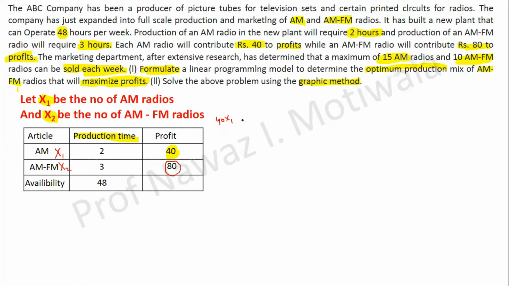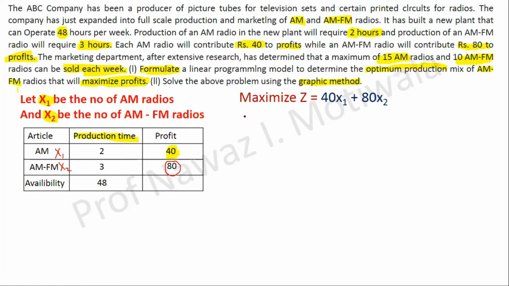Hence, the total profit by AM/FM radios will be 80 into X2. So we need to maximize this function, so I will write plus. My objective function will become: maximize Z is equal to 40x1 plus 80x2.